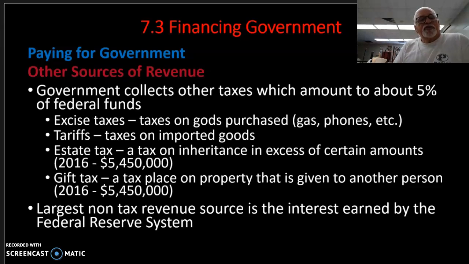There are some other sources of government revenue. Government collects taxes amounting to about 5% of federal funds from excise taxes, tariffs, estate tax, where a person dies and they have to give so much of their estate, and a gift tax as well. The largest non-tax revenue source is the interest earned by the Federal Reserve System.